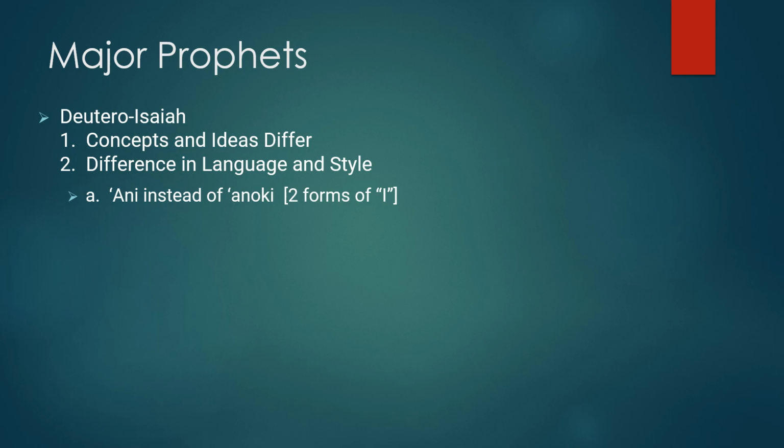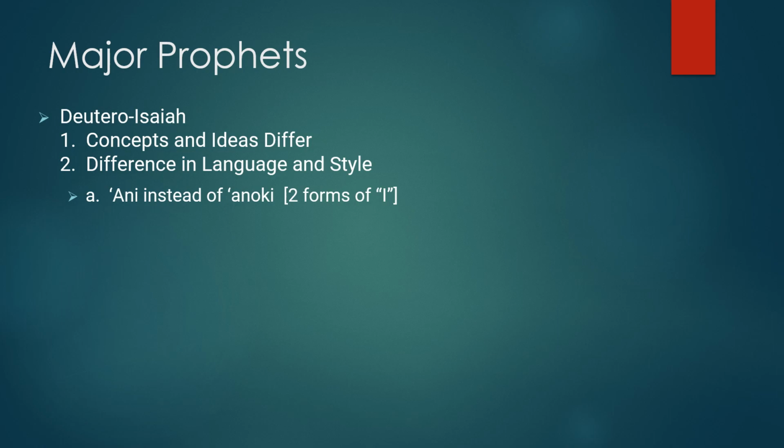In other words, anoki does occur in Ezekiel, but Ezekiel is earlier than Haggai and Zechariah. Ezekiel is not post-exilic, it's during the exile, so we're moving back towards earlier times as we go from Haggai and Zechariah to Ezekiel.